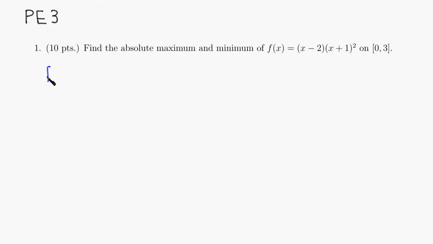So f prime of x is equal to, alright, you have two things multiplied together. This is our first guy, this is our second guy. So we're going to use the product rule to find the derivative.